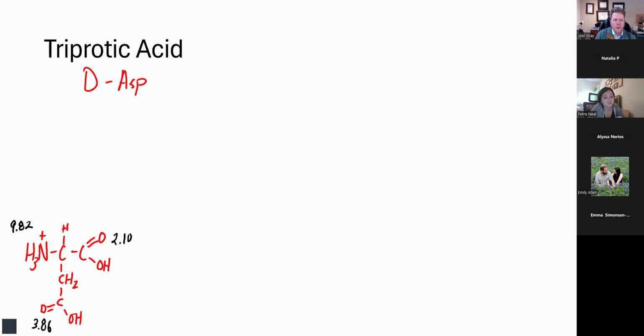Now, I'm envisioning that I have this in a solution with a very acidic pH of 1. I am going to add potassium hydroxide or sodium hydroxide, and I'm going to make a nice titration curve. Start at 1.